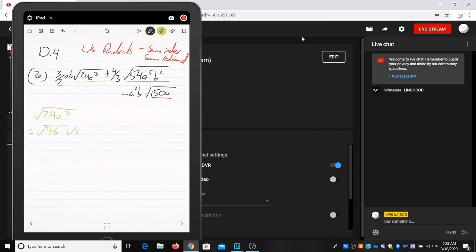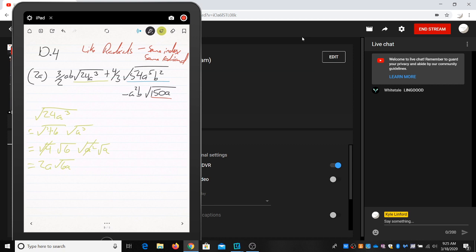And then a cubed will simplify separately. So that's the square root of 4, the square root of 6, the square root of a squared, and the square root of a. So we end up with a 2 and an a. That's how those simplify down. And then we have root 6a. Okay, so we simplified this down to have a radicand of 6a.